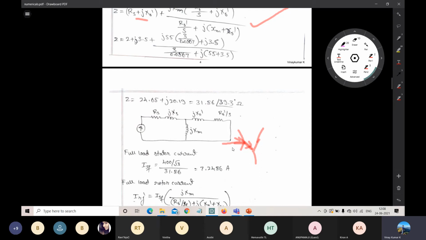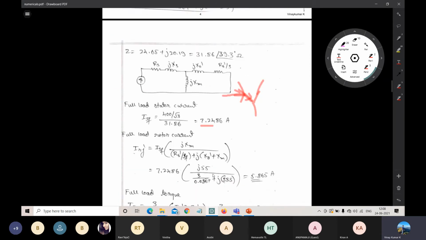So the current that is flowing through the line and the current through the phase. ISF will be given by 400, that is your supply voltage at the starting, divided by the impedance. The impedance is 31.86. You will get 7.2486, the full load stator current.